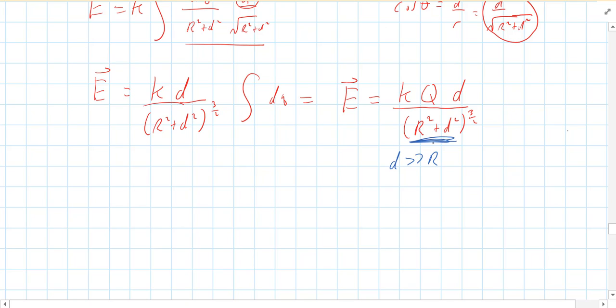When you're adding two numbers that are hugely different, you ignore the smaller one. And so E would be approximately kQd over d squared to the 3/2, which is d cubed. And that reduces down to kQ over d squared, which is like a point charge, kQ over r squared.